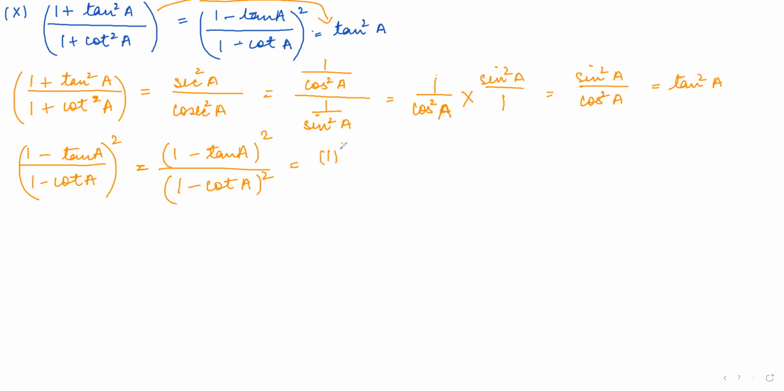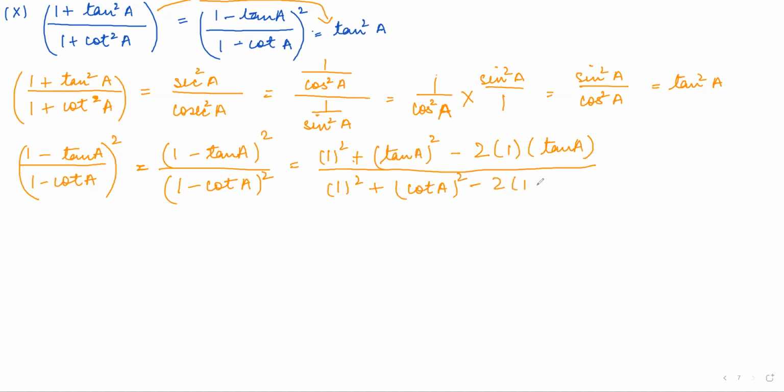So it will be A square plus B square minus 2AB, correct? Yes, ma'am. Okay, similarly in the denominator, A minus B whole square, so A square plus B square and minus 2AB. Right, Abdullah?